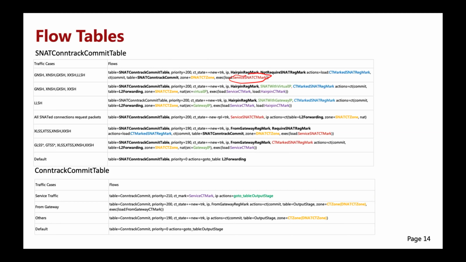For internal hairpin cases, this client is from external. It will be marked with SNAT with the virtual IP. For the internal hairpin case, it will be marked with SNAT with the gateway IP address.